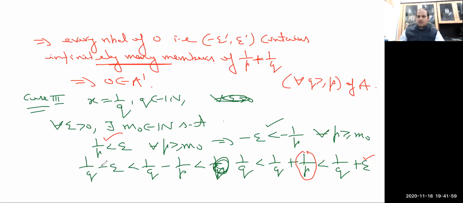So what I am trying to construct here is that in between every neighborhood of 1 by q, that is 1 by q minus epsilon and 1 by q plus epsilon, there lie infinitely many members of the type 1 by q plus 1 by p.